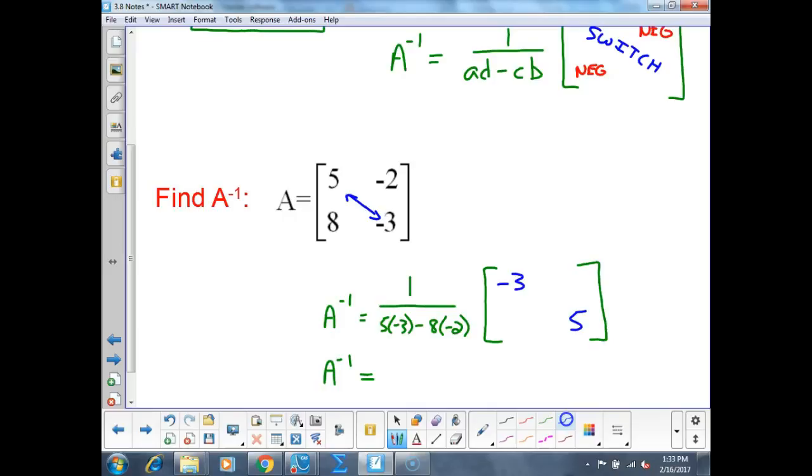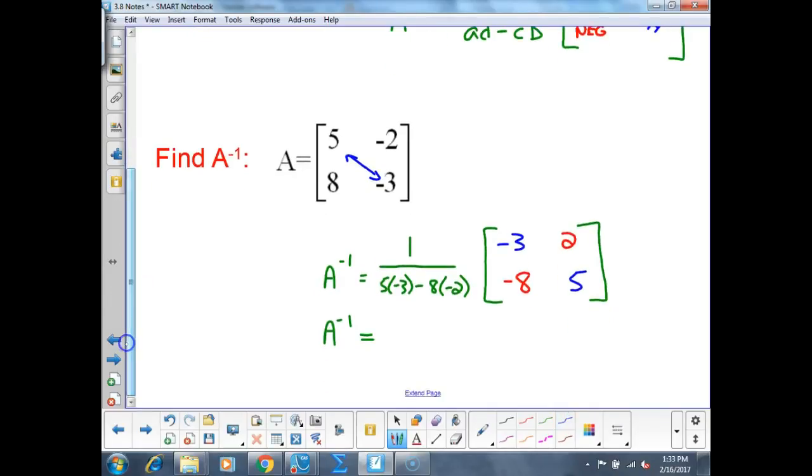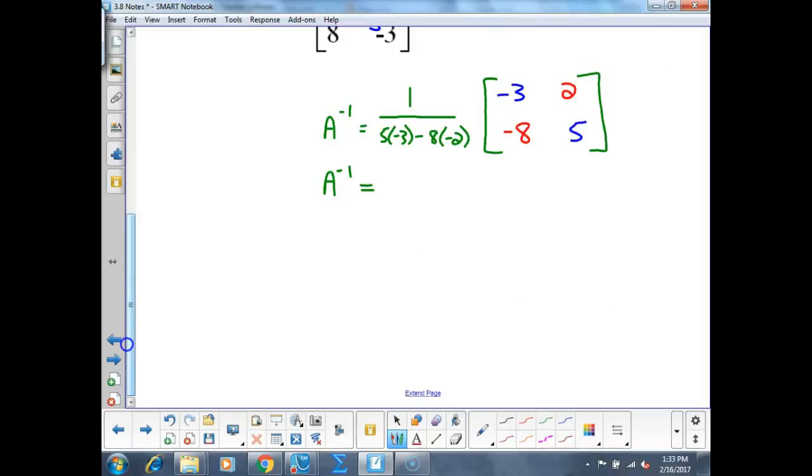Then I negate the other two. So when it's all said and done, my inverse matrix is the 2 by 2 matrix, -3, 2, -8, 5.